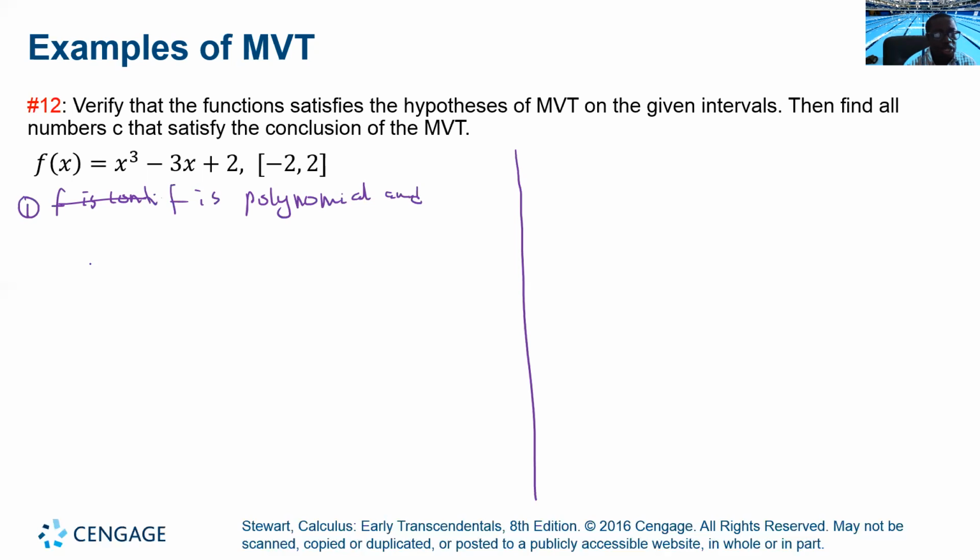F is a polynomial, and continuous on the interval of all real numbers. Therefore, or hence, continuous on the interval given, -2 to 2.